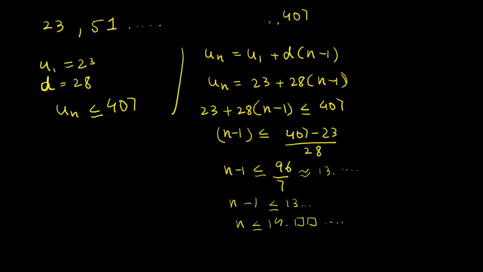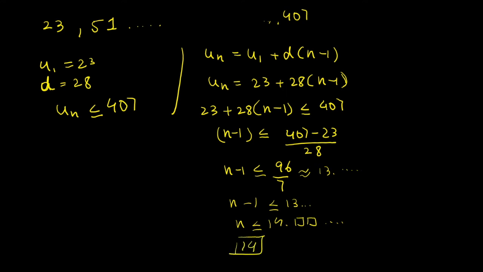So the number of terms that will be common will be 14, right? Because obviously you can't have 14.2 terms or 14.3 terms. So it'll be the greatest integer value, which is 14.